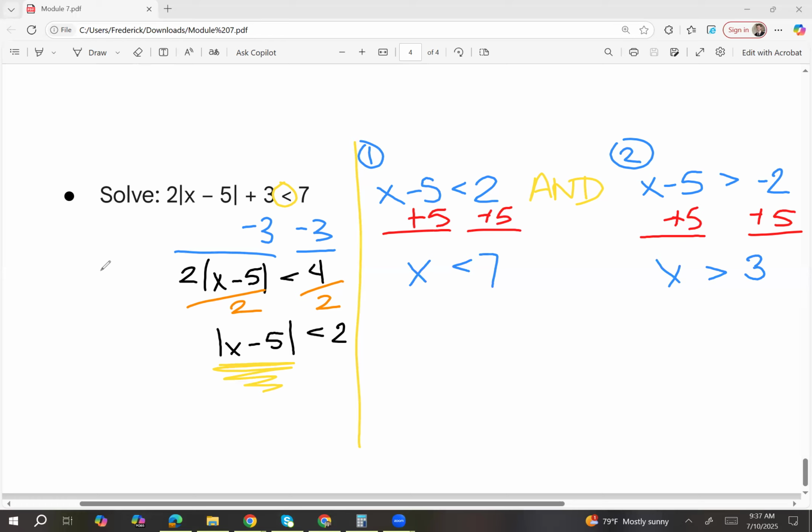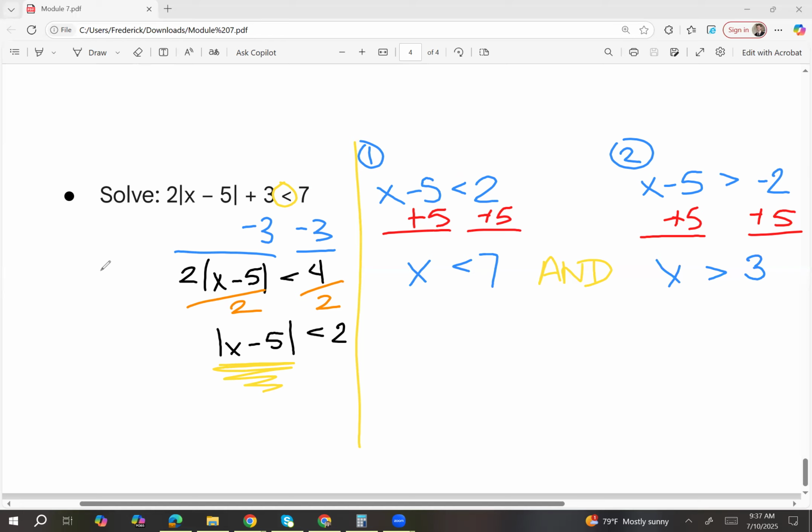And we need to join these with "and." So let's just read it. x is less than 7 and x is greater than 3.